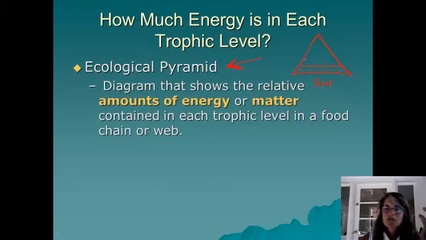And those producers can support a whole lot of primary or first level consumers, but they can't support as many consumers as there are producers because the amount of energy in each trophic level decreases as you go up, okay? So an ecological pyramid is showing that, and I didn't quite phrase that perfectly. I will get it right in a minute. But an ecological pyramid is showing that the relative amount of energy or matter contained in each trophic level in a food chain gets less as you move up that food chain, okay?